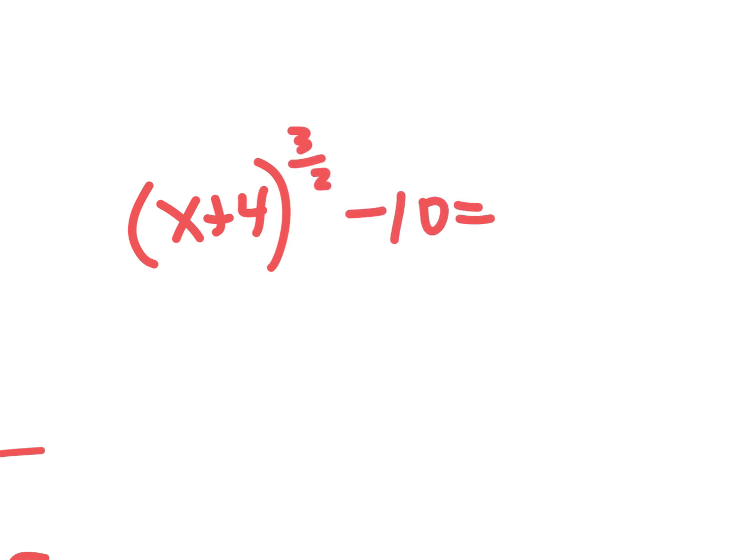Here's one that I was surprised people didn't know how to do. How would I start that one? Yes. Add 10. All of a sudden I'm at 30. Then what?